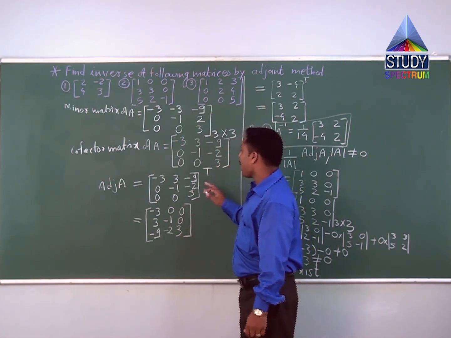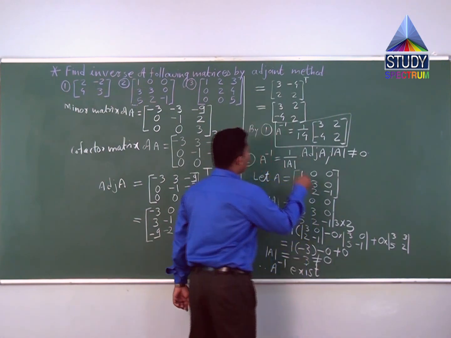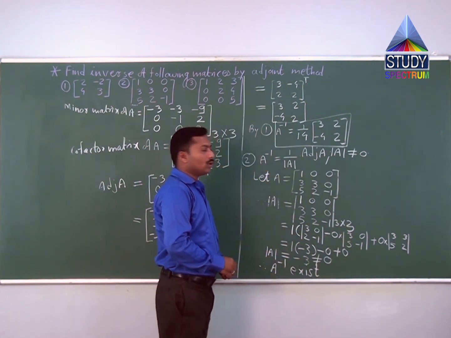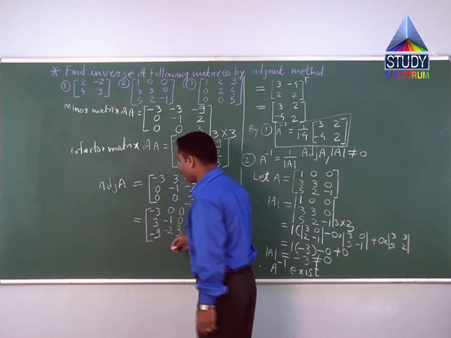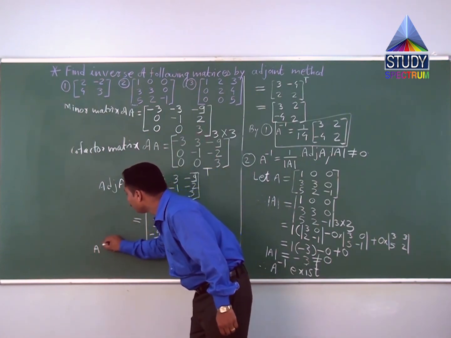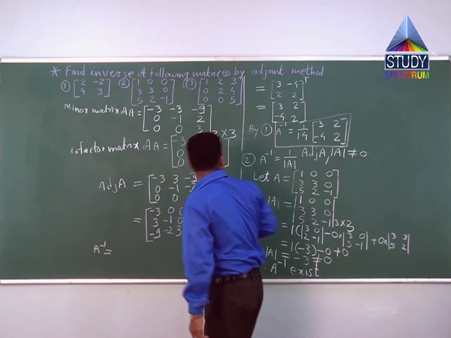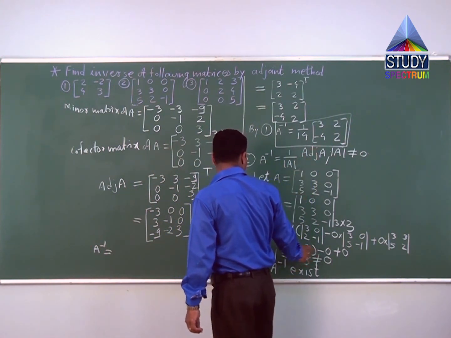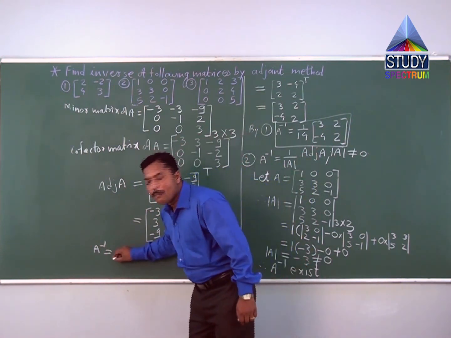We put this adjoint of A in our formula for A inverse. So A inverse equal to 1 upon determinant A. Determinant A equal to minus 3.